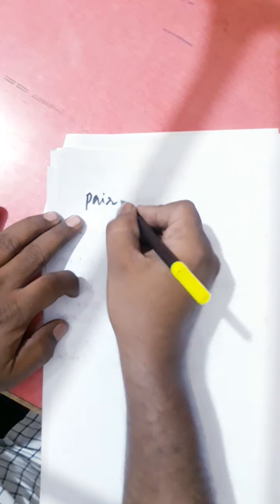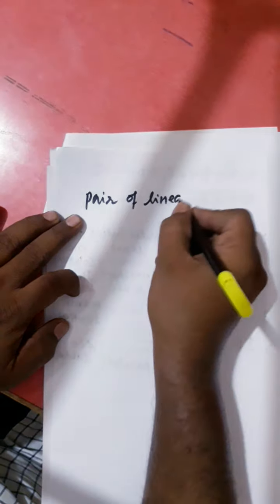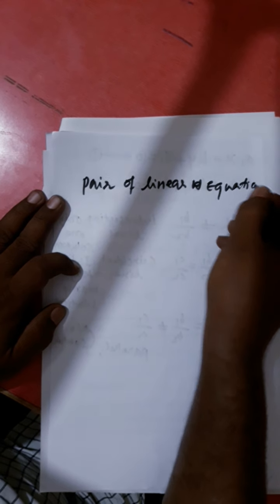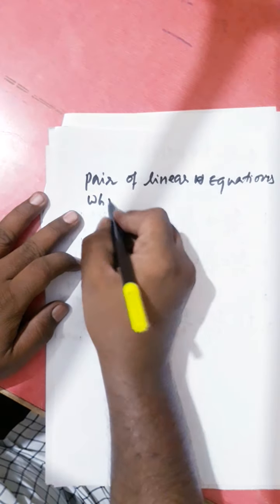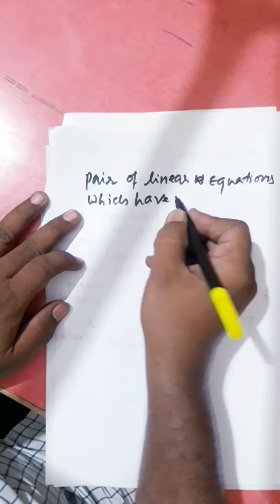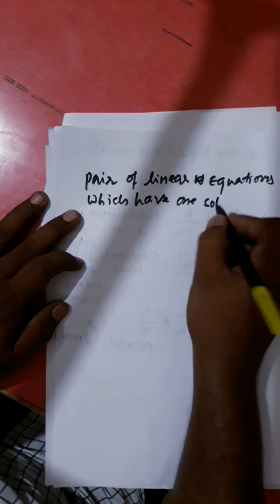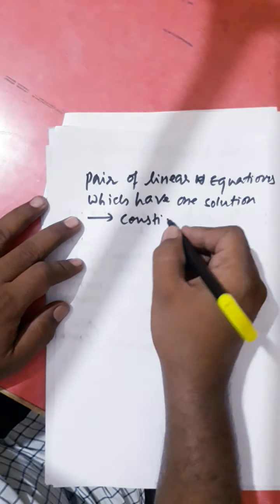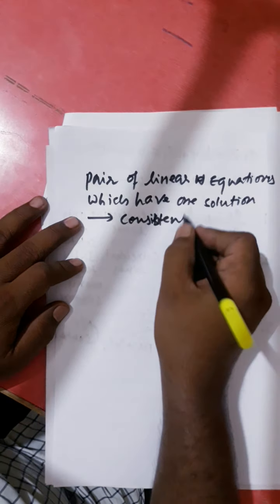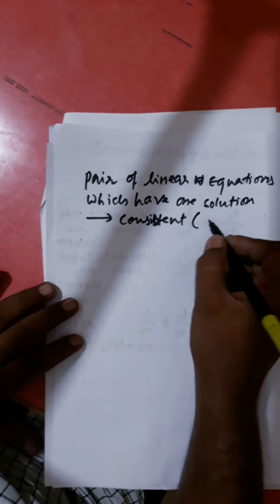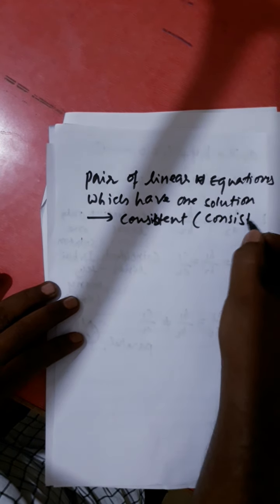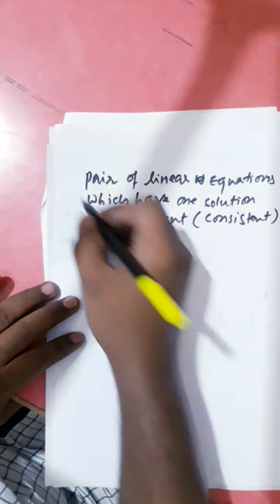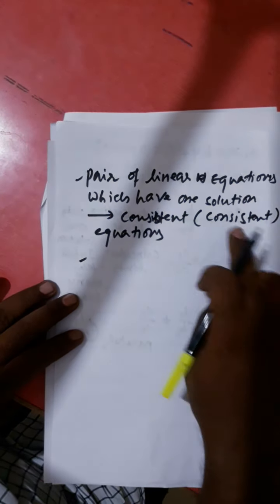The pair of linear equations which have one solution are called consistent equations. There is a spelling mistake here, that I have written consistent.